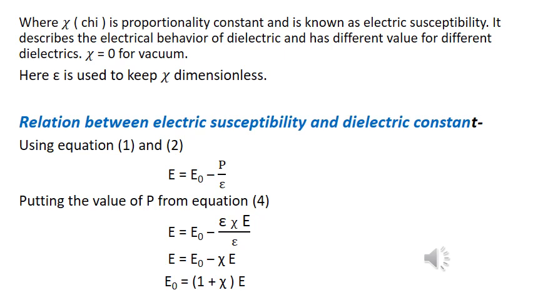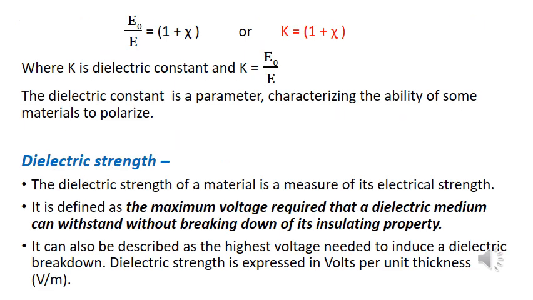Epsilon will get cancelled out and the final expression is E naught is equal to 1 plus chi into E. Or we can write E naught by E is equal to 1 plus chi, or K is equal to 1 plus chi, where K is the dielectric constant and its value is E naught by E, which you have studied in previous lectures. The dielectric constant is a parameter characterizing the ability of some materials to polarize.